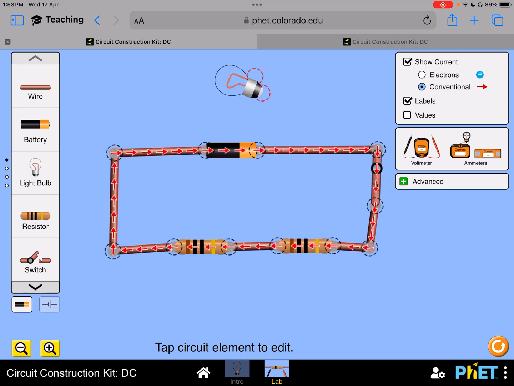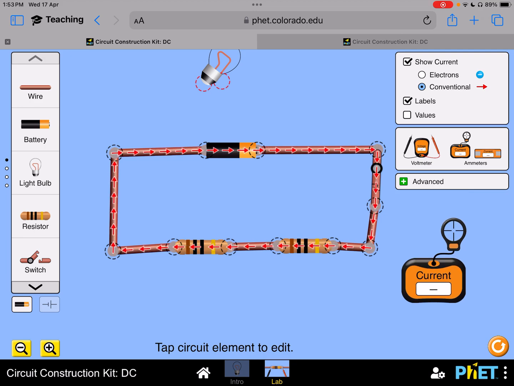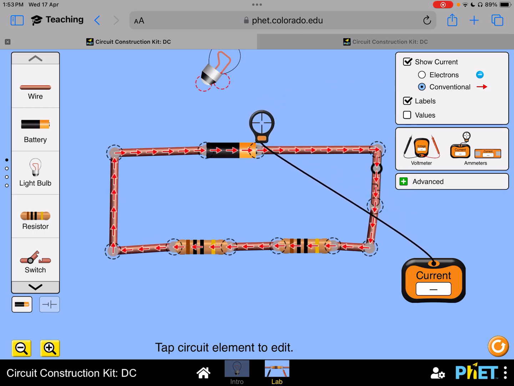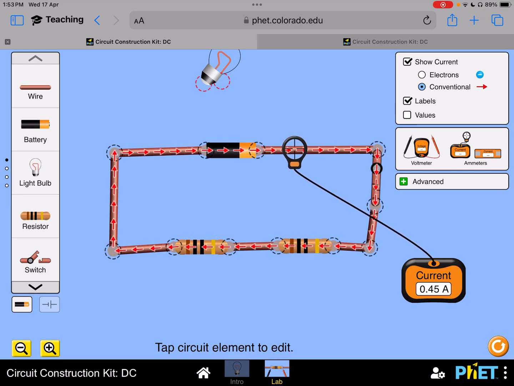But if I switch it to the conventional current flow, it's from the positive terminal. Now, let's try and measure how the current will behave for the series circuit. This pointer will allow me to examine what is the current at that point. So it's 0.45 ampere.